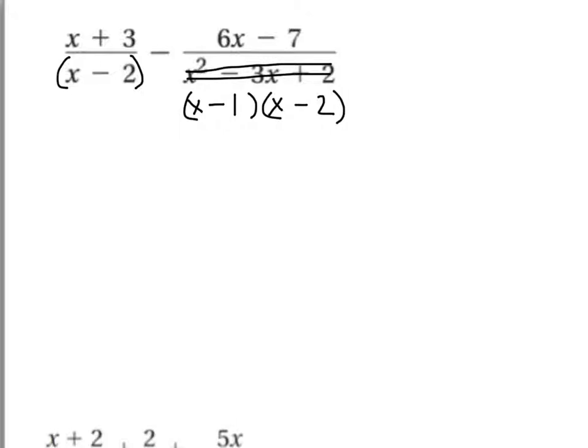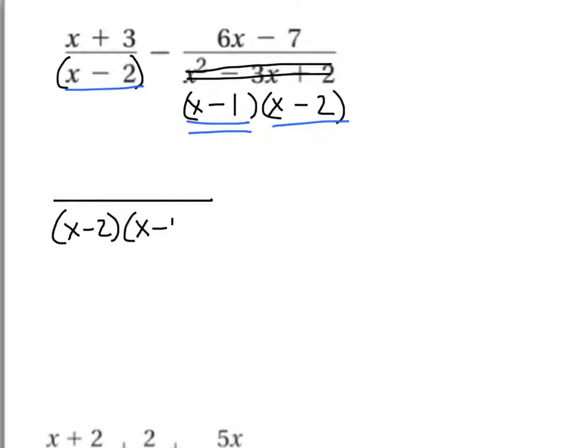So looking at our denominators, we have an x minus 2 in common, and the x minus 1 is not common. So therefore both denominators need to be x minus 2 times x minus 1.